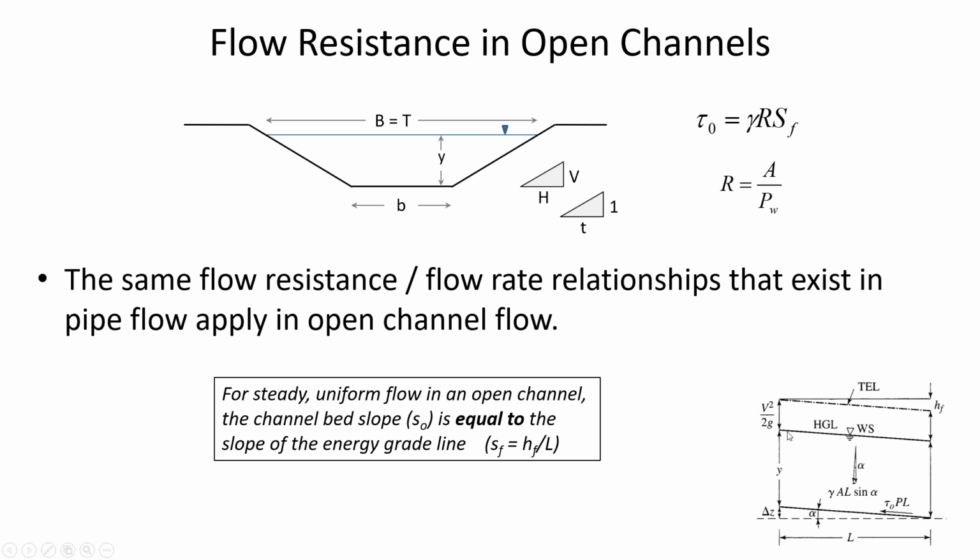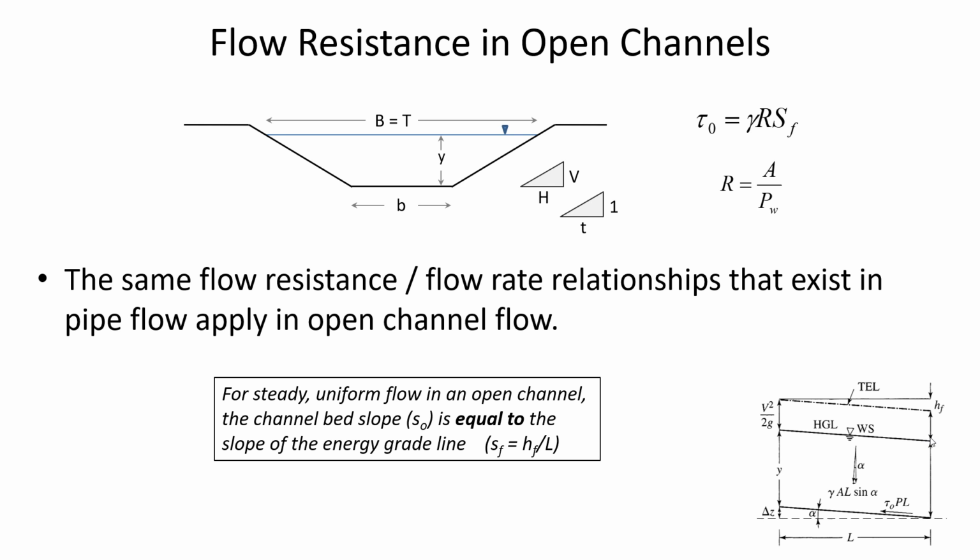Now the water surface, see here where it says WS? That means water surface, and we can tell, even without that label, because of the triangle and the little ripples giving us that visual clue. S sub W is the slope of the water. And finally, this dashed line above the water surface is the energy grade line.